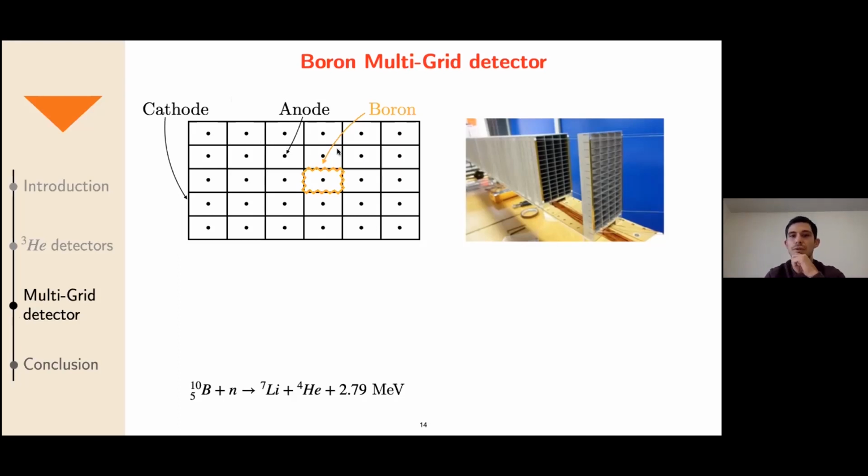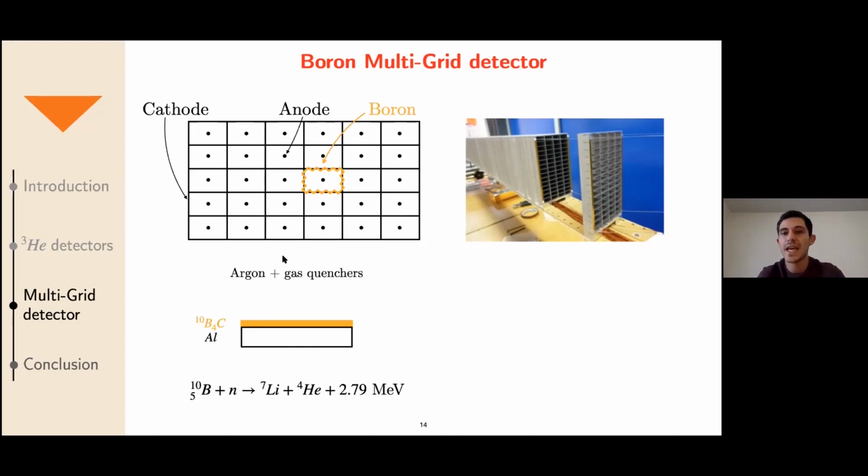And so the grid is covered with boron. If we zoom on the wall, there is aluminum, which is a substrate transparent to neutrons, which induces very little absorption. There is a boron deposit, which is the converter of the neutron in this nuclear reaction. And there is a gas, the stop gas, argon, and the quencher gas to absorb photons.